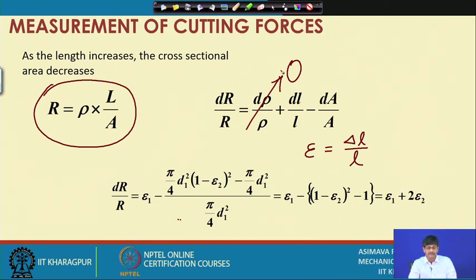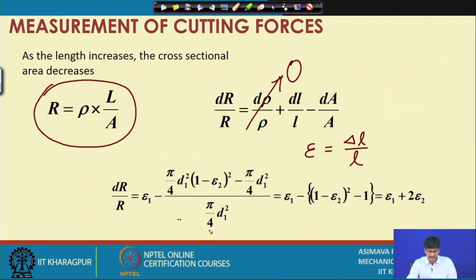Hence, in the leftover terms, what we notice is that dL by L is nothing but the strain, and dA by A we painstakingly put in all the terms, so that we get pi by 4 into changed value of diameter square minus pi by 4 into d1 square, the original diameter square.